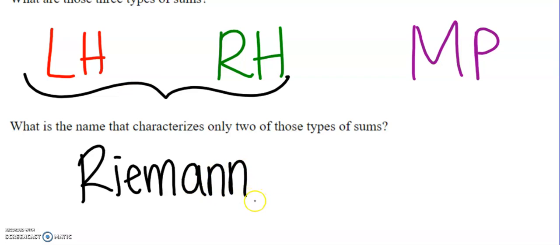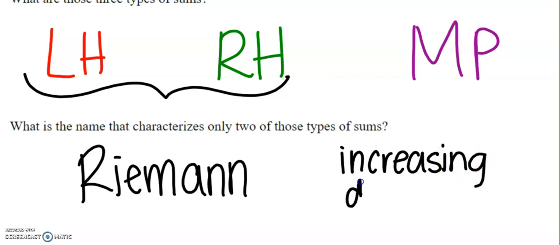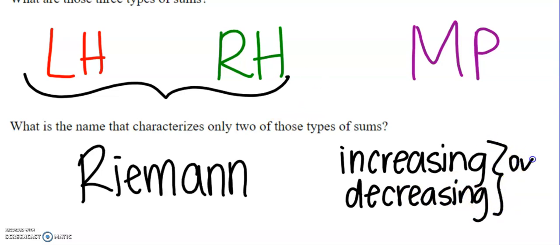And remember, sometimes the left hand over approximates, sometimes the left hand under approximates, likewise with the right hand, and that all depends on if your function is increasing or decreasing. We will have over or under approximations, and that's where you want to just sketch out your little graph real quick, right?